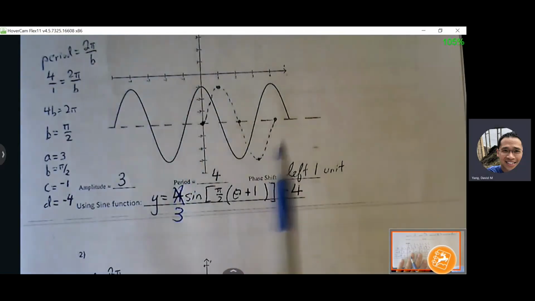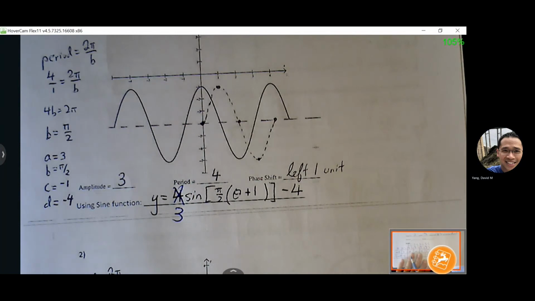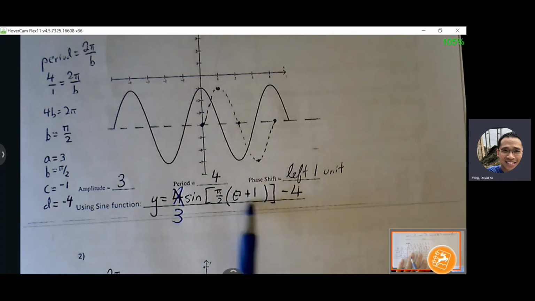We just have to draw the sine graph and figure out that there's a phase shift to the left 1. That's really the only thing that needs to be adjusted, because you draw the dotted graph and you're moving the dotted graph and lining it up into the solid graph.